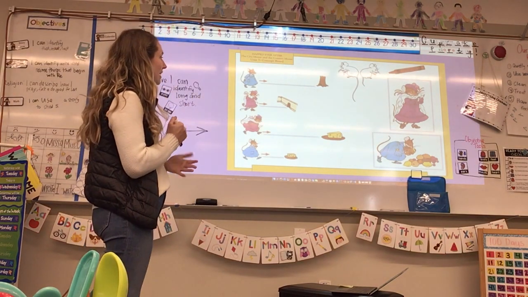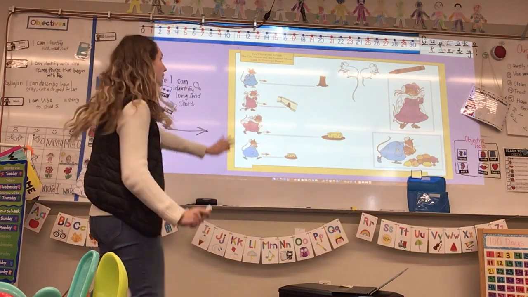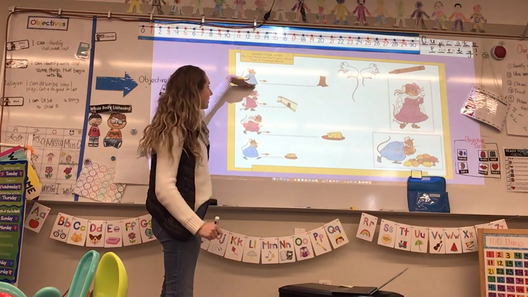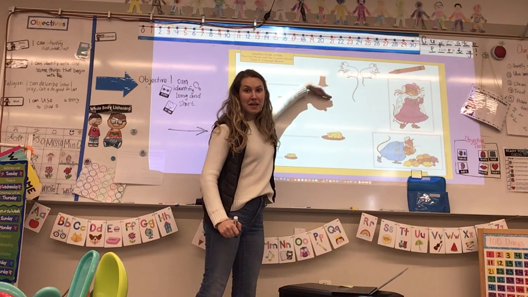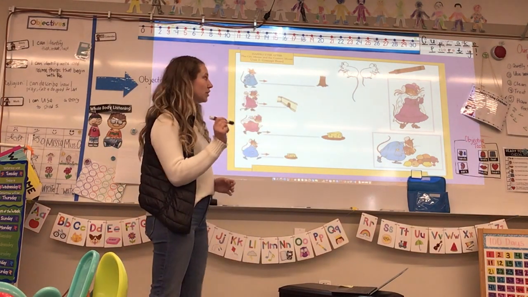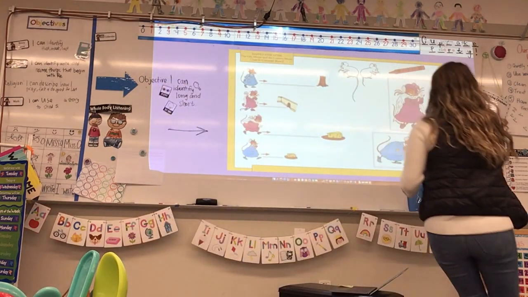Now our job is to help the country mouse get from where she is now to her home by following the arrow. The arrow is making a straight line from left to right. So I'm going to use, let's see what color we have up here.